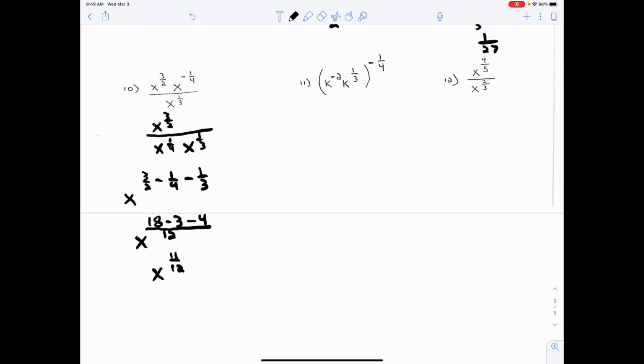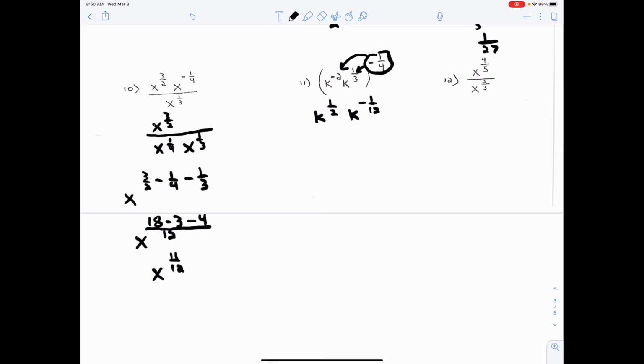Okay, in this case, again, the only time I deal with a negative exponent is when I have to distribute the exponent. And I can do that because there's no plus or minus between the things in the parentheses. So I'm going to take the negative 1/4 and give it to the half. So that would be k to the 1/2 power, because negative 2 times negative 1/4 is 1/2. And then I'm going to give it to the 1/3. So that's k, and we have 1/3 times negative 1/4 is negative 1/12.